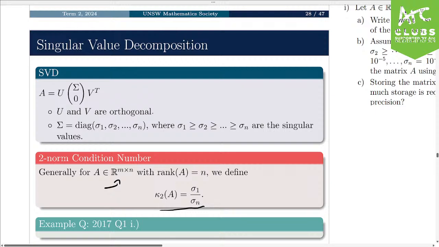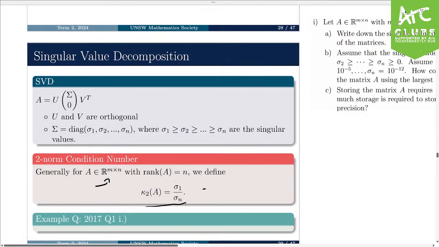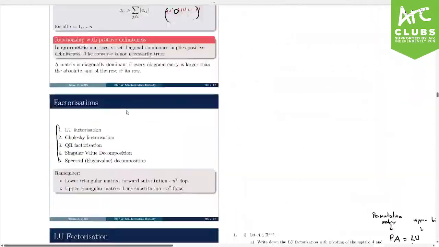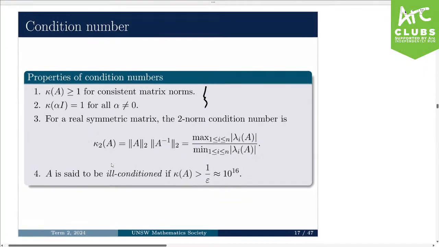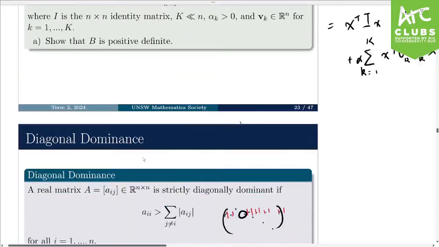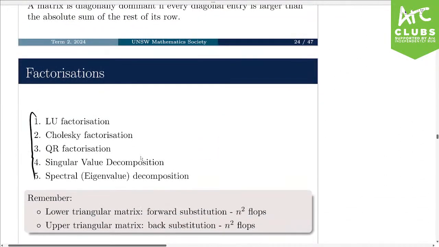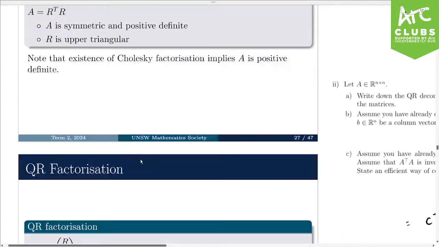So we arrange the singular values in descending order. So we have the largest one over the smallest one. And that's what we define as the 2 norm condition number. So if we scroll up to the condition number parts, that's kind of similar to what we did here. Expressing that in terms of the eigenvalues, but now it's in terms of the singular values.